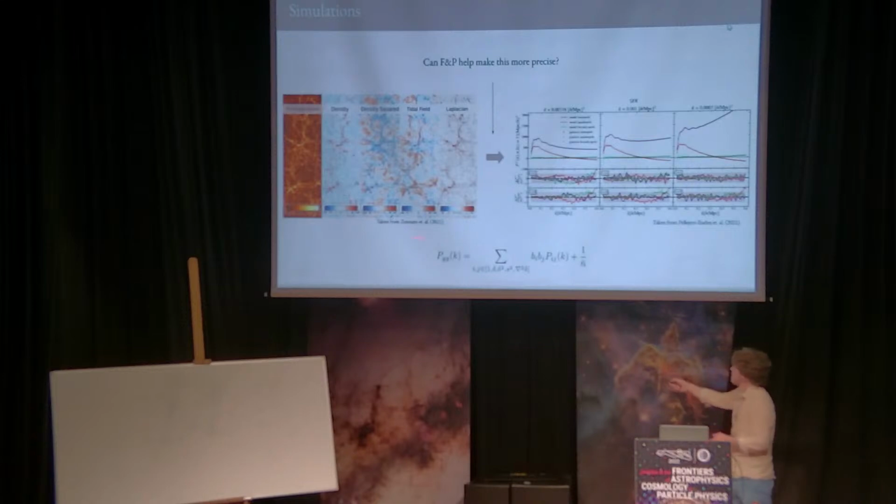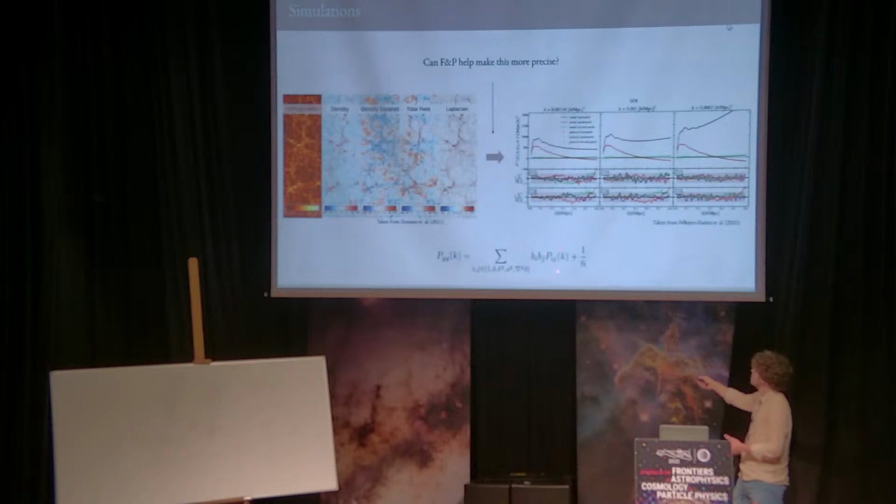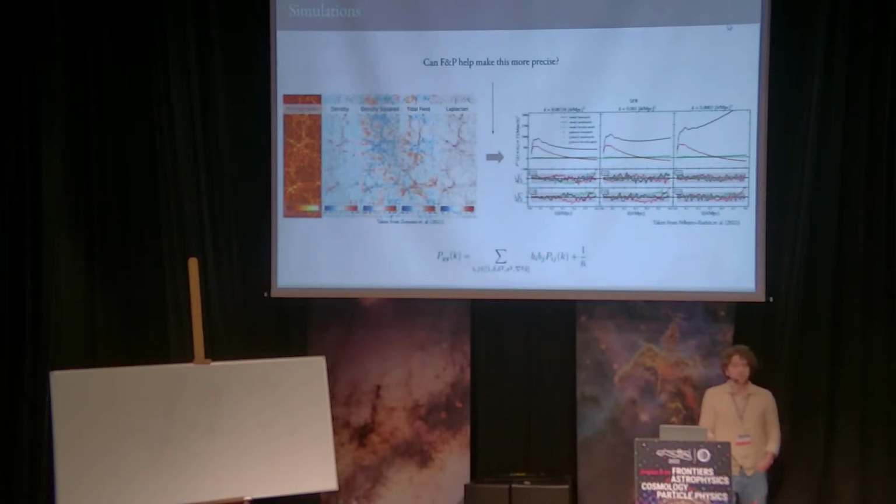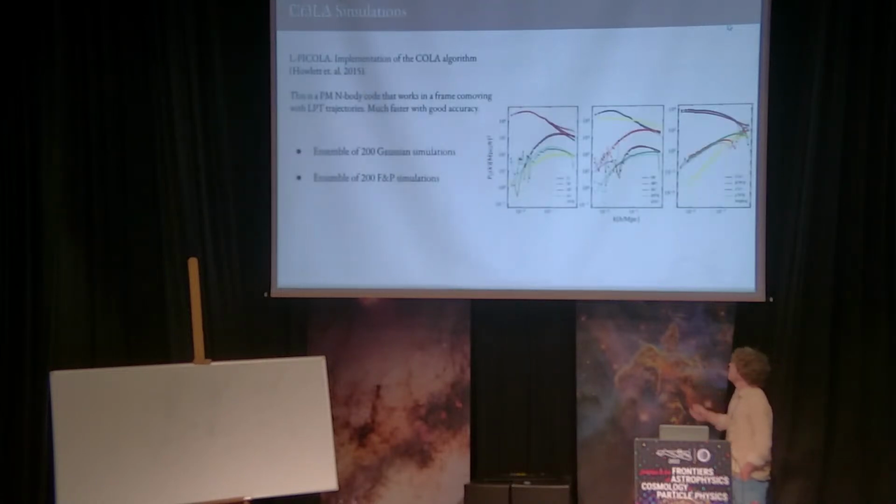So if we want to make this model galaxy power spectrum very precise, we want to analyze what is the variance of these auto and cross power spectra in these n-body simulations where we impose these variance suppression methods.